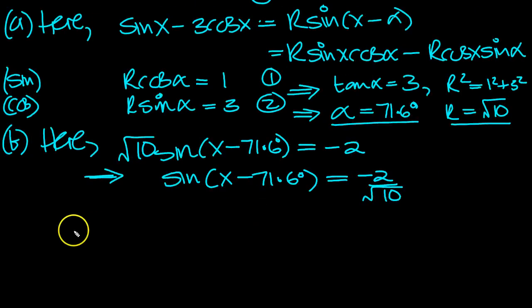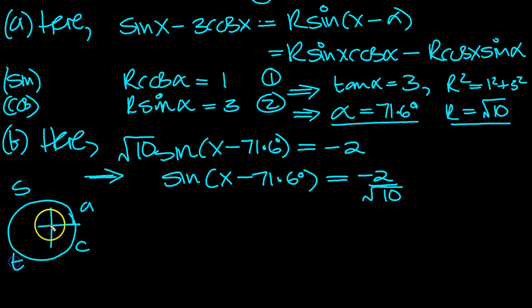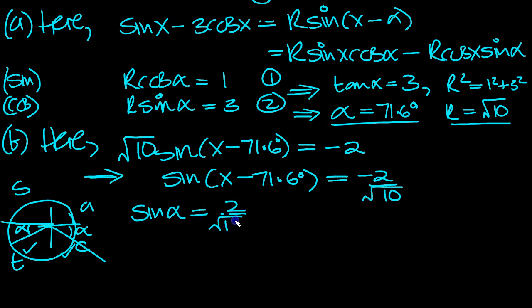Okay, so let's work this out. It's a circle, and we're going from 0 to 360. There's our circle. Sine is positive here and here, so it's negative there and there. So we draw 2 lines, mark off alpha, our associated acute angle, drawn to the horizontal, and simply write sin alpha is equal to, dropping the negative, 2 over root 10.